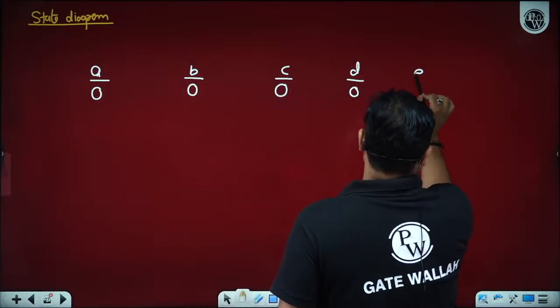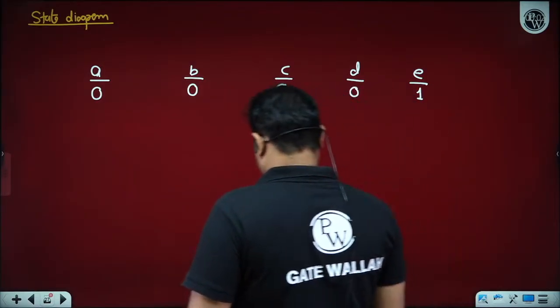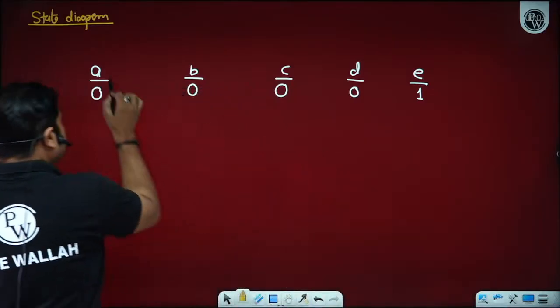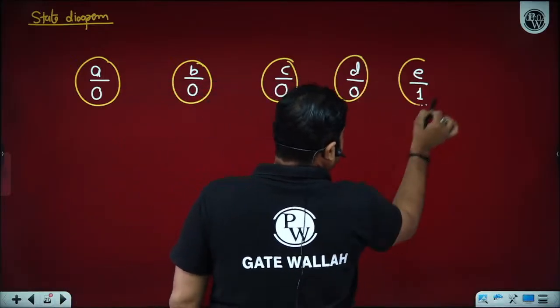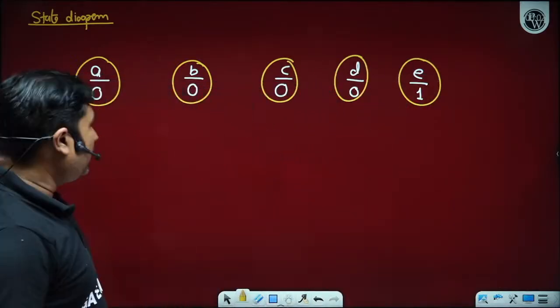If you are in state E, the entire sequence is detected. So I am using present state and output, because output is a function of present state only. Is it okay? Yes, sir.